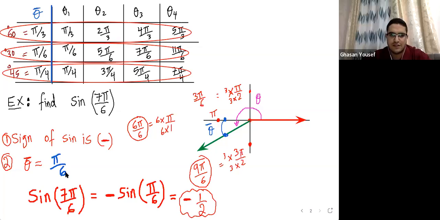The reference is not pi over 6. These angles are special. When I give you an example, I will give you one of these special ones, not another, because for the other ones you have to use the calculator, and the calculator is not allowed. Okay, got it. Thank you. No problem.